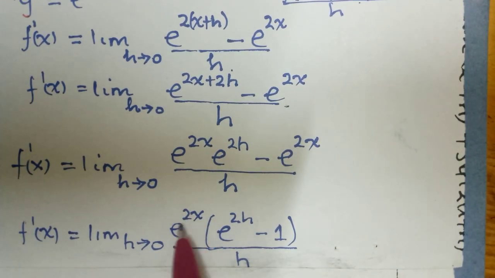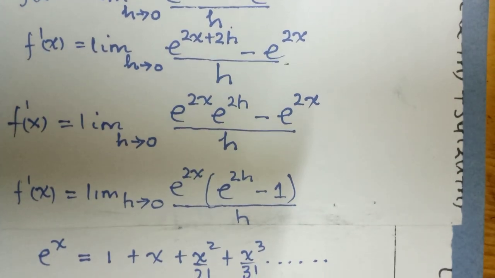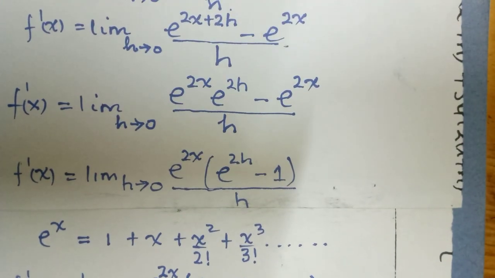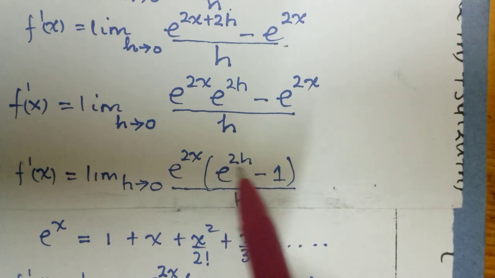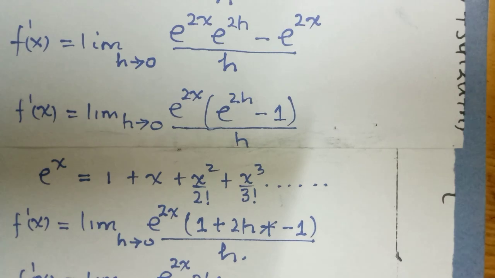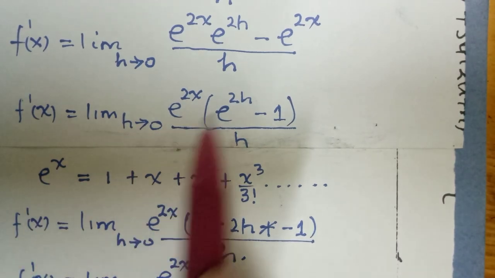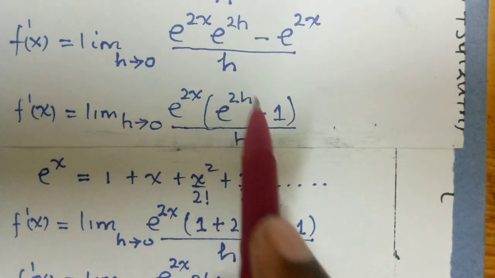After factoring out e raised to 2x, you are left with e raised to 2h minus 1 all over h. Now, by use of the exponential series, the e raised to x series, we can now come and fix our series here. So when we fix our series, this is what we find out. Our x for our series here is actually 2h.